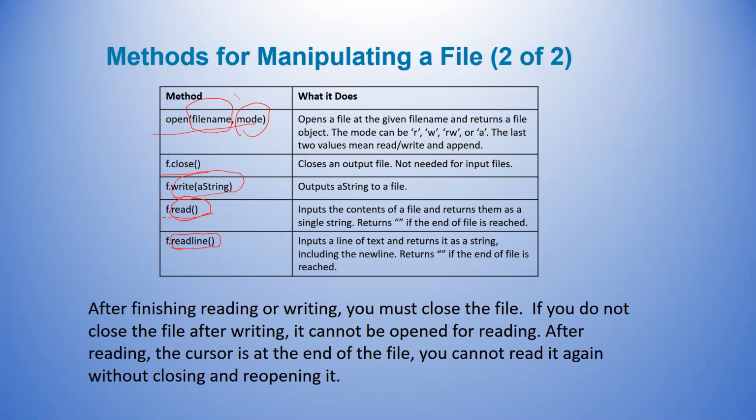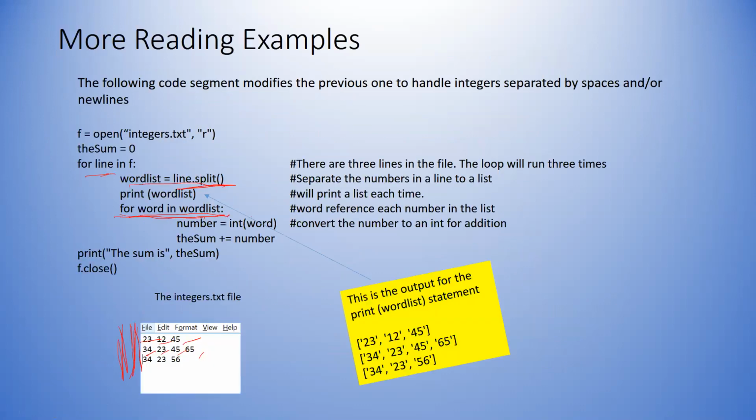Okay. Any other questions? Any questions, everybody? These are the several methods that you can use to manipulate files. After finishing reading or writing, I'm repeating this. You must close the file. If you do not close the file after writing, it cannot be opened for reading. After reading, the cursor is at the end of the file. You cannot read it again without closing and reopening it. I'm just stressing that point, okay? So any questions about what we covered?